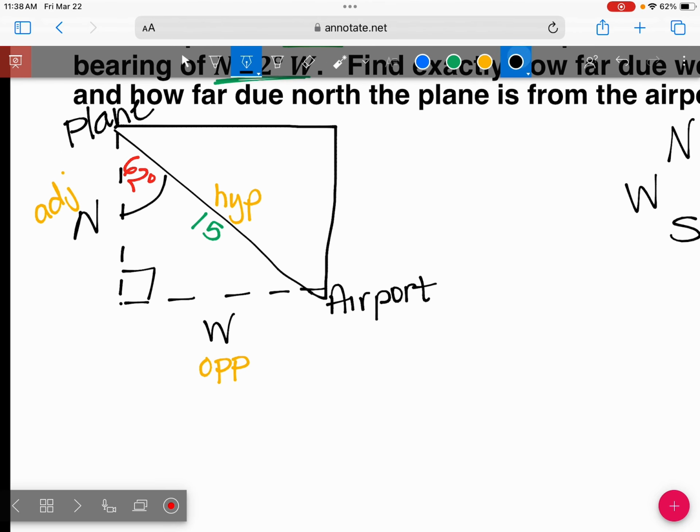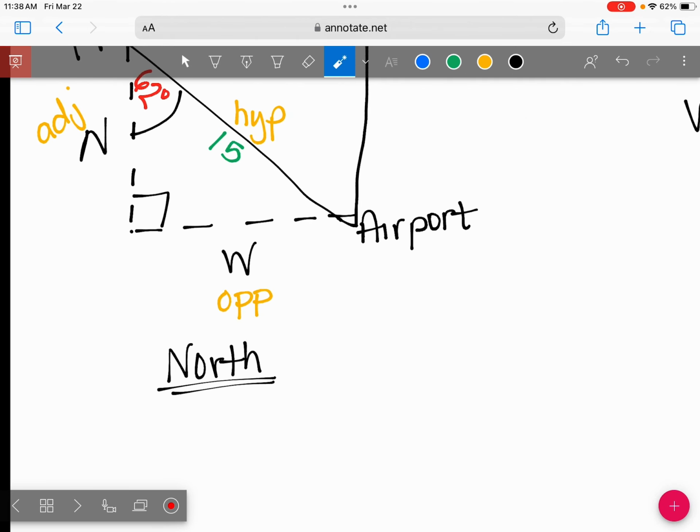If I'm trying to find north, what trig ratio am I going to use to find north? Cosine. Yeah, because north is adjacent and I'm using the hypotenuse. So to find north, the cosine of 62 equals north over 15.